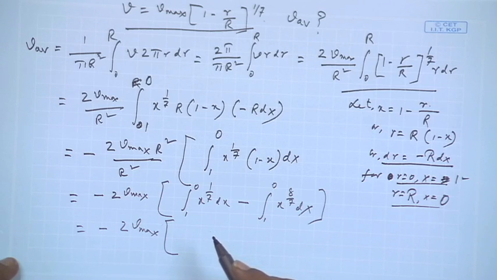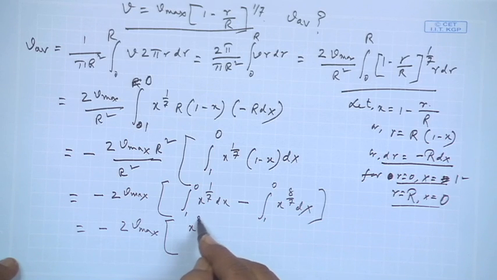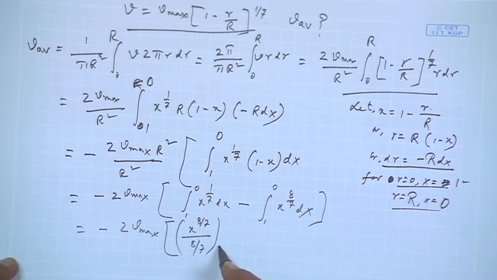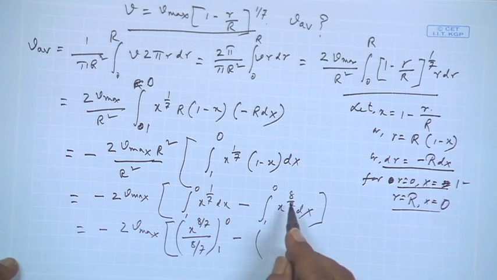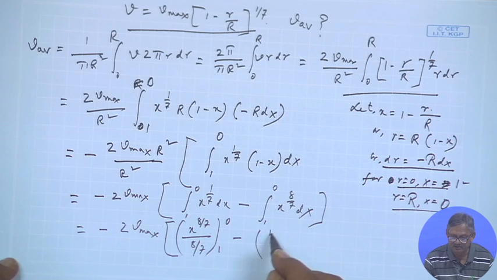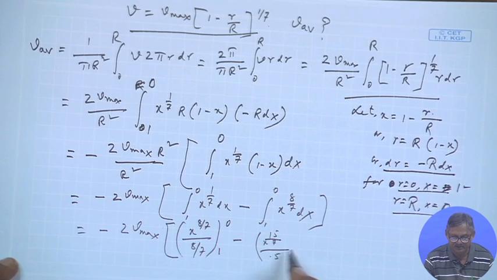Integrating, x to the power 1 by 7 becomes x to the power 8 by 7 divided by 8 by 7, between 1 to 0, minus this one, x to the power 8 by 7, 8 by 7 plus 1, so 15, x to the power 15 by 7 over 15 by 7.